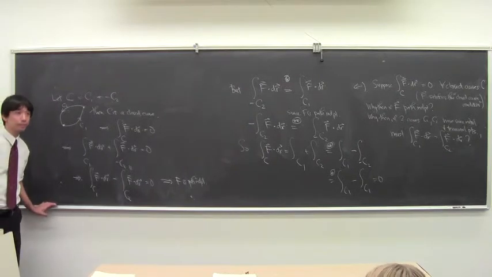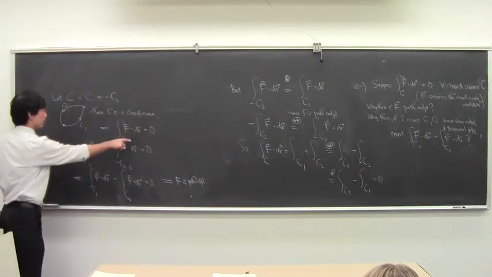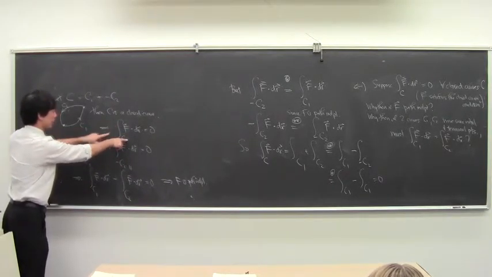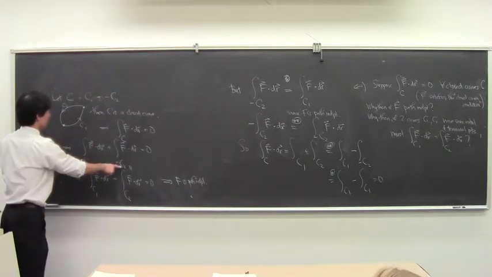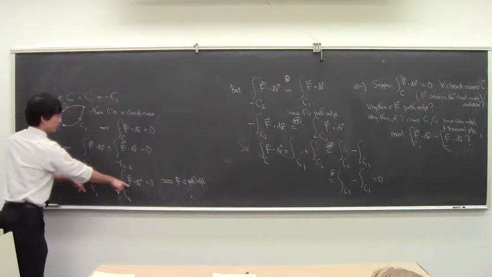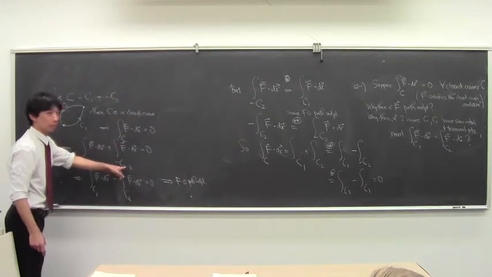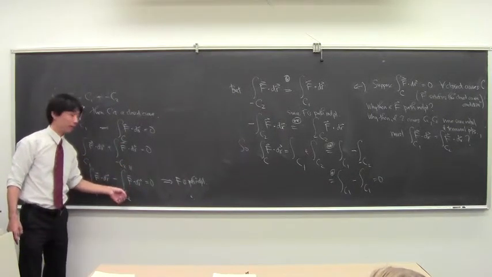Any questions? This thing is the same statement as this one, because integrating over C means that you integrate over the first part of it and then the second part of it. And this is true because the integral of a vector field over a path going in the opposite direction is going to be minus the integral of the vector field over the path in the positive direction.